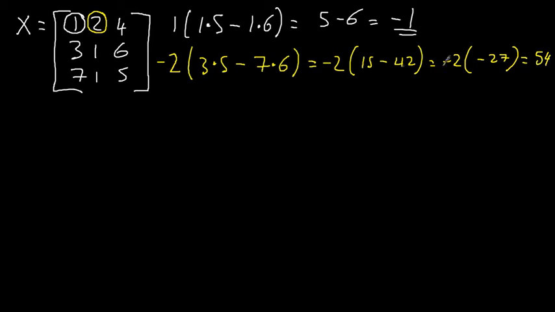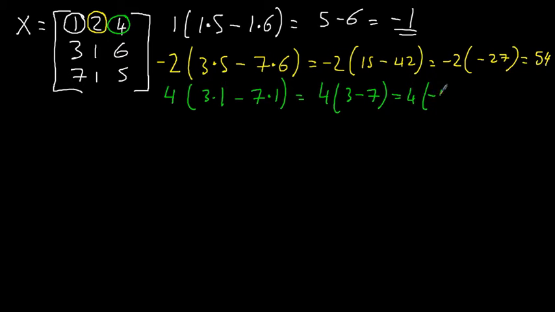Now if we look at the 4, that sign doesn't change because of where it is, so it's 4 lots of 3 times 1 take away 7 times 1. Anything times 1 is itself, so that equals 4 lots of 3 take away 7, which is 4 lots of minus 4, which equals minus 16.